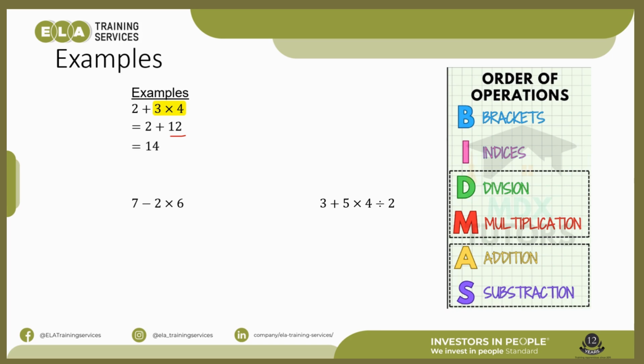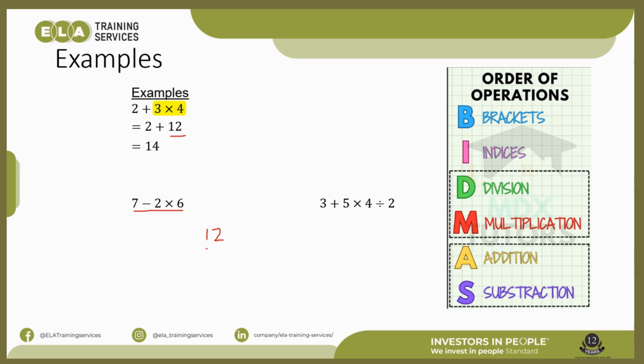For the next question, again, no brackets, no indices, so we first look for multiplication or division. There is no division, but there is multiplication, so let's do that side first. 2 times 6 is 12. And 7 minus 12 is your next step.